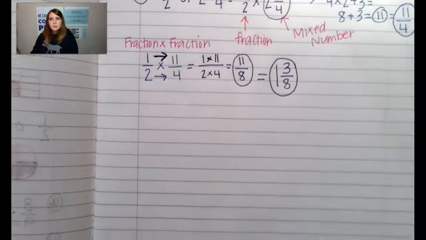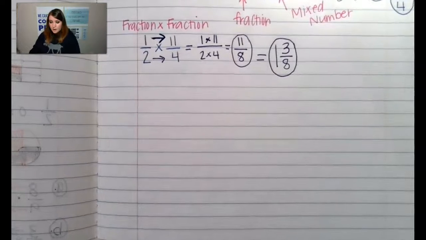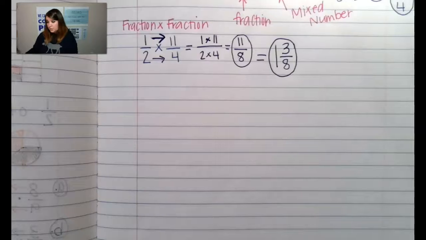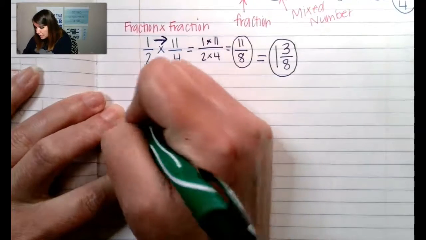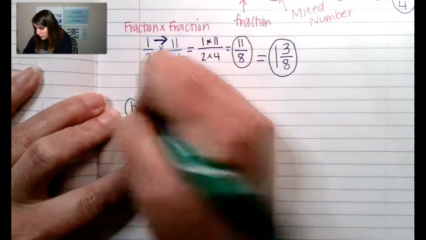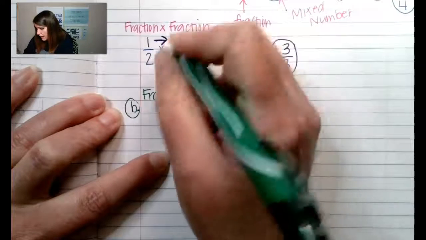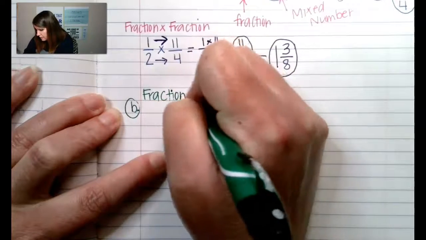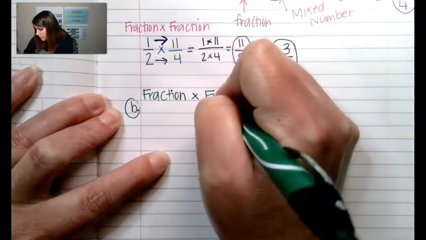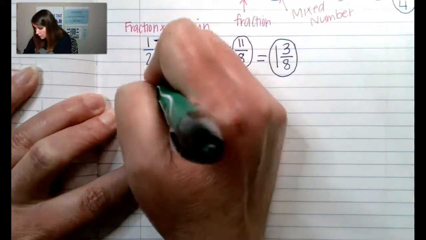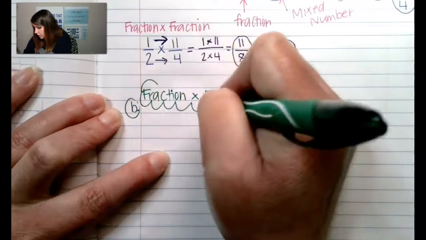Okay, let's do another one. Ready? Because that was a lot. The biggest thing that we need is a fraction times a fraction. Okay, so let's look at example B. So we know now that in order to solve, we need a fraction times a fraction. That is the question we should be asking ourselves. Okay, so let's add this to our notes.